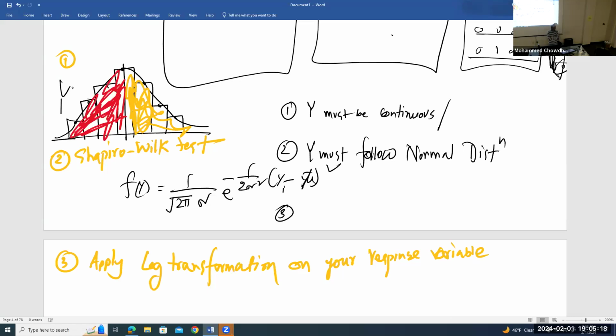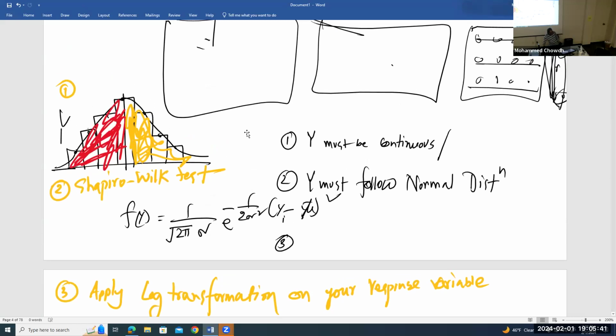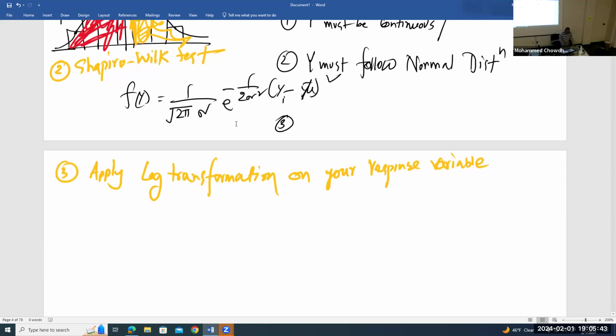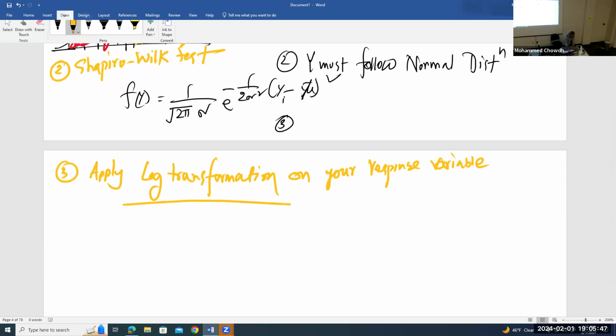Go for the log transformation of the response variable, then construct the histogram and conduct the Shapiro-Wilk test to check whether the p-value is greater than 0.5 on the log scale, as well as whether the histogram on the log scale is normal or not. If log transformation does not work, final approach.